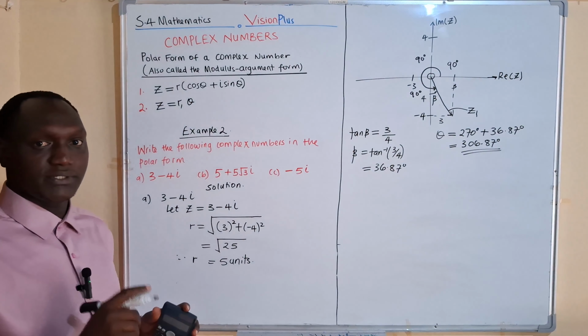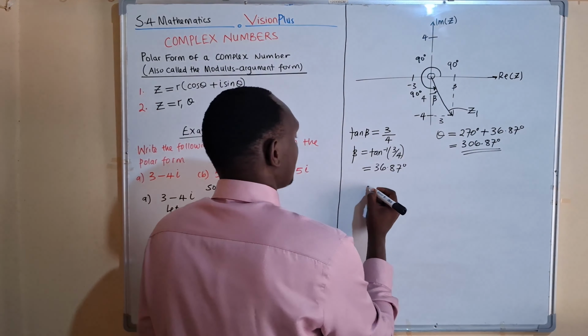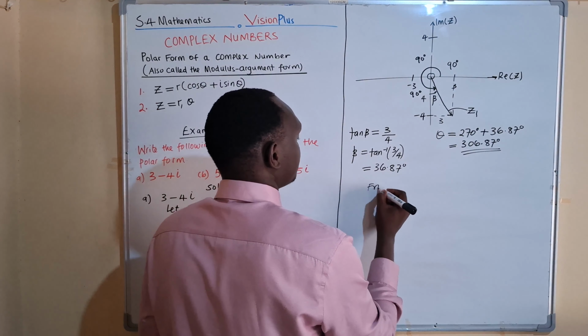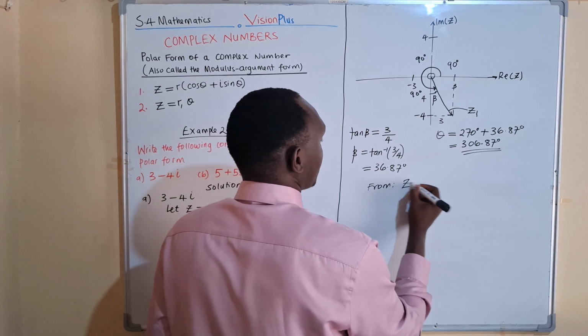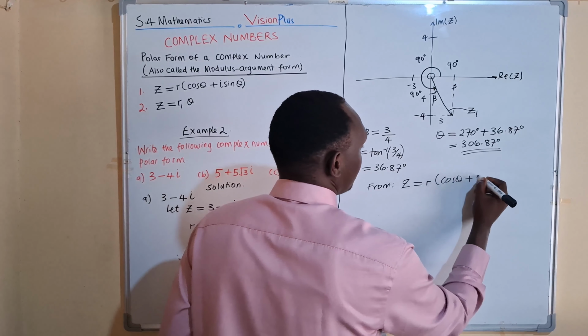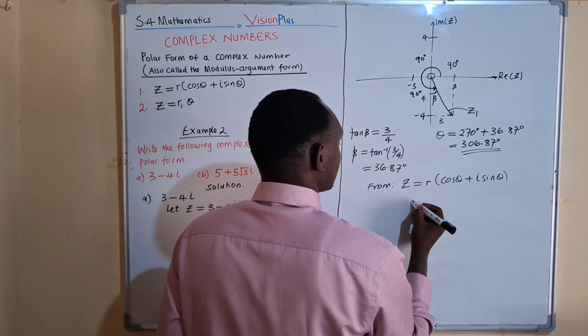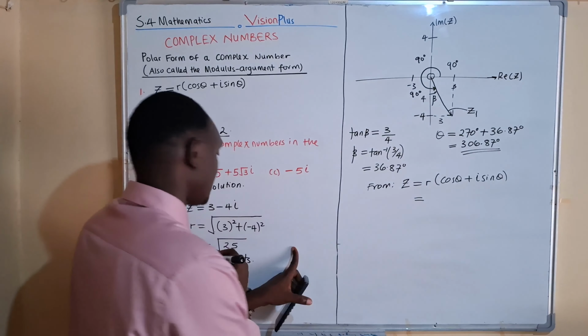Even if it is not the principal argument, it is also correct. Therefore, because we know that the complex number is given by r into cosine of angle theta plus i sine of that same angle, we substitute r as 5 units.